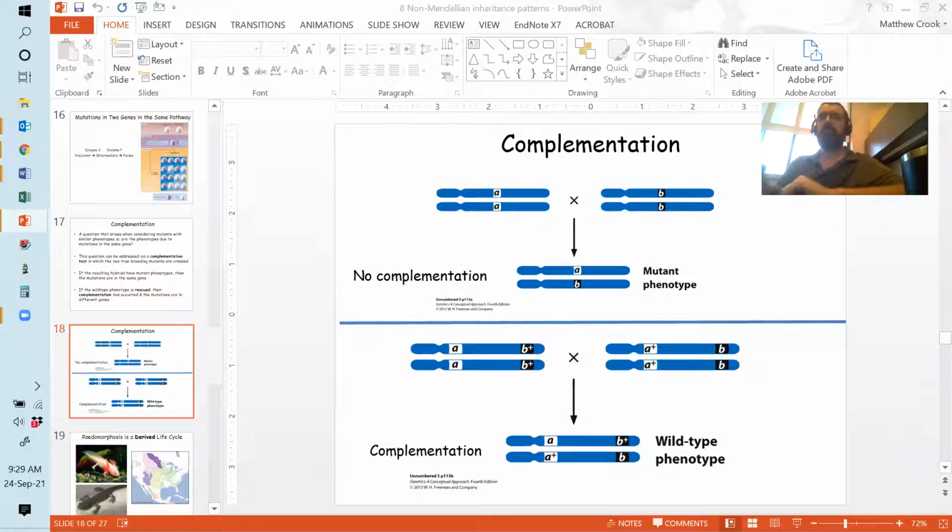Yeah, I think it's receptor. So when you have the AB genotype, you get the recessive phenotype.